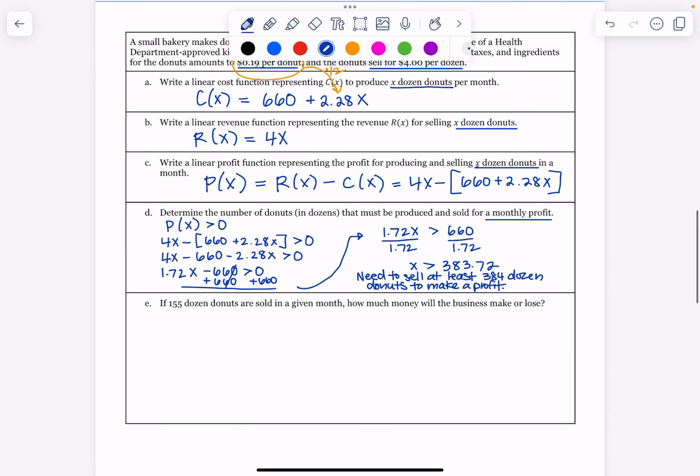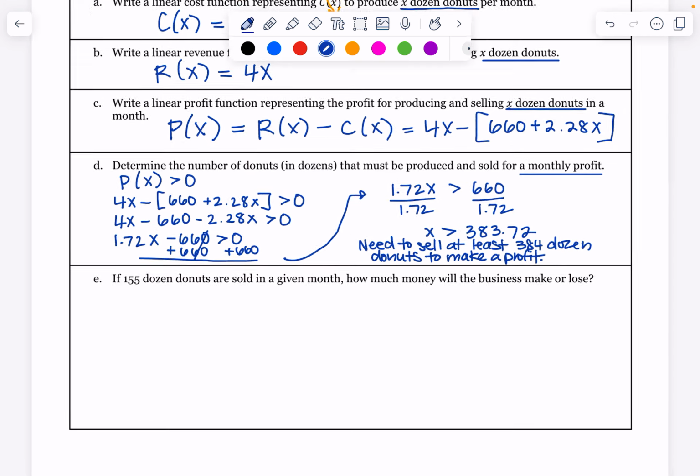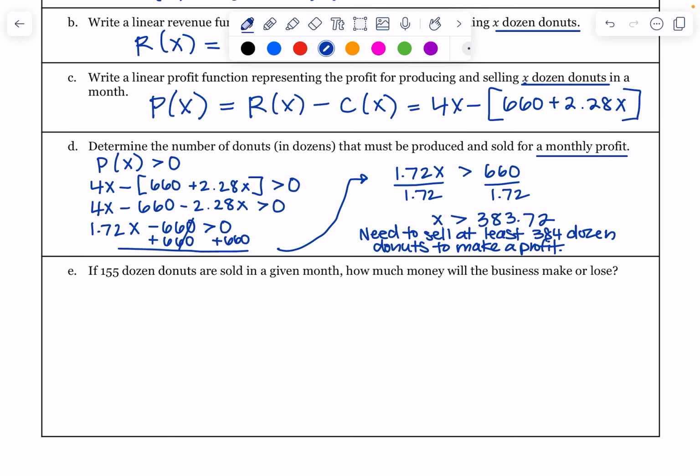All right, part E says if 155 dozen donuts are sold in a given month, how much money will the business make or lose? So we're going to plug in 155 in for x. So P of 155 is what we're looking at. I could go up here to this function, but I already simplified it right here. So notice here is a simplified version of P of x.